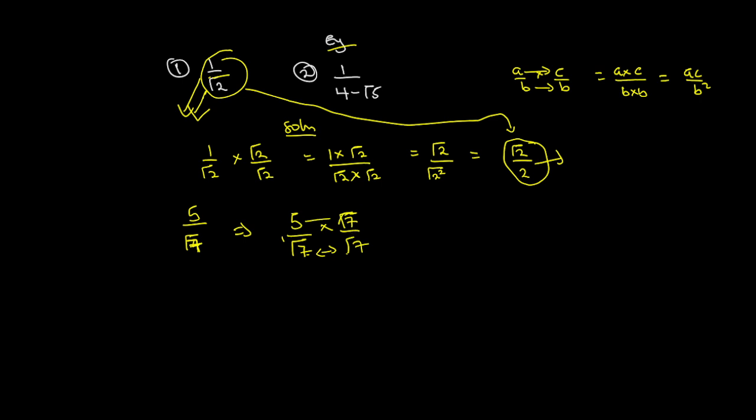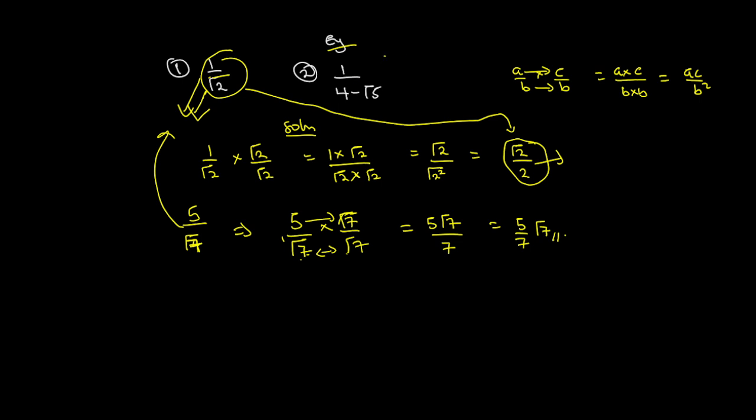Numerator multiplies numerator, denominator multiplies denominator, so we have 5 root 7 over root of 7 times root of 7, which is 7. So we have 5 root 7 over 7. You can solve more examples on this.